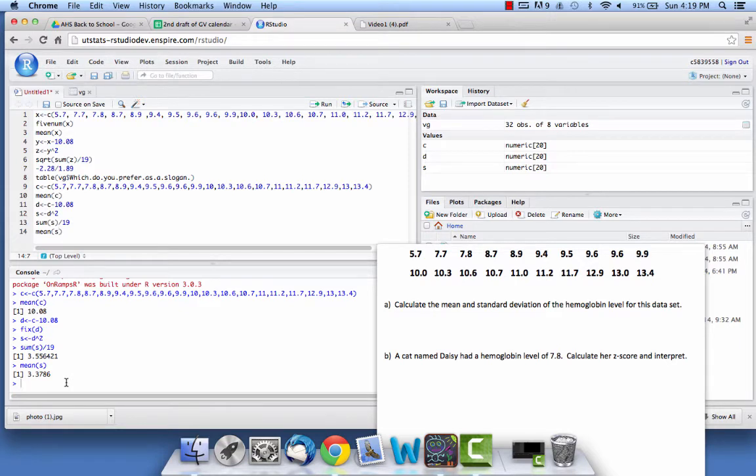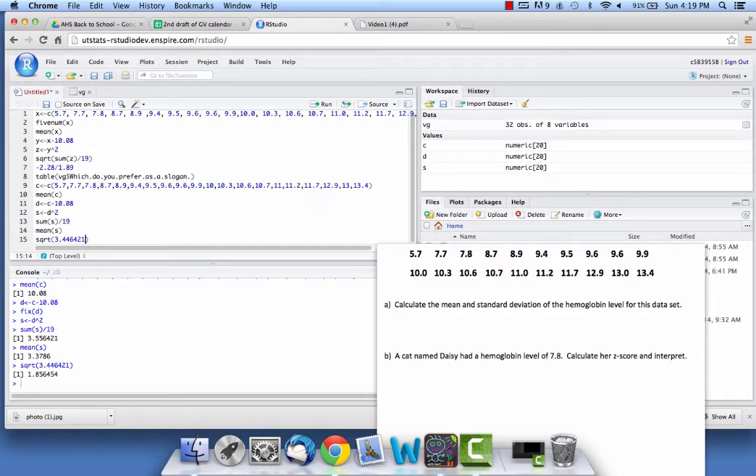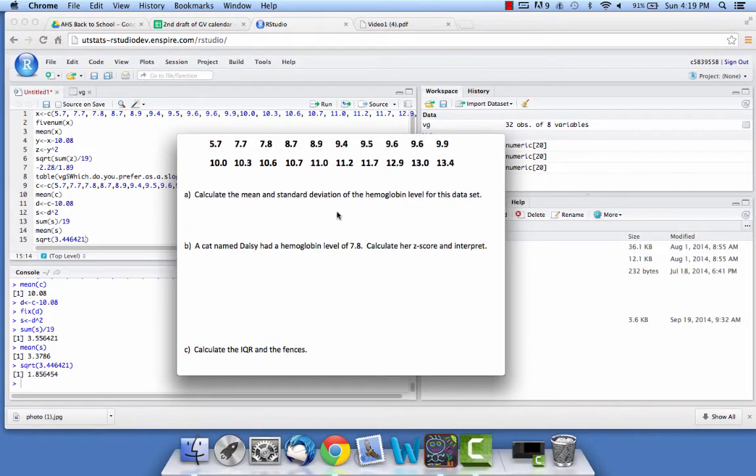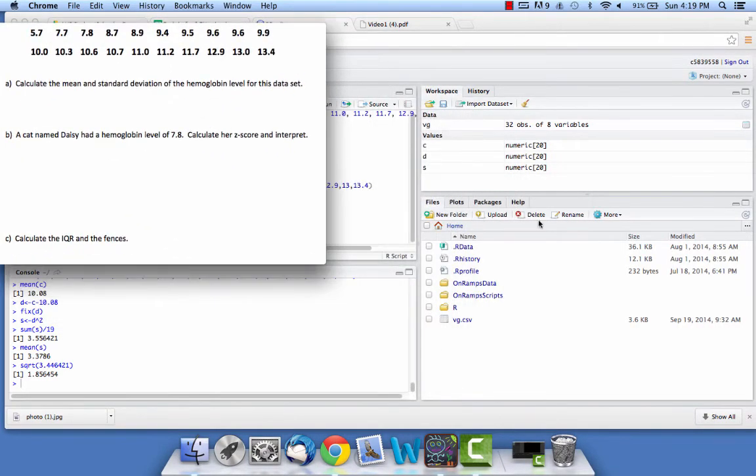We want a little more allowance for error. So then, now that we've done S, we've done M, basically, that's the 3.556421, and then we need to do root. So 1.86 is what we would get for the standard deviation.